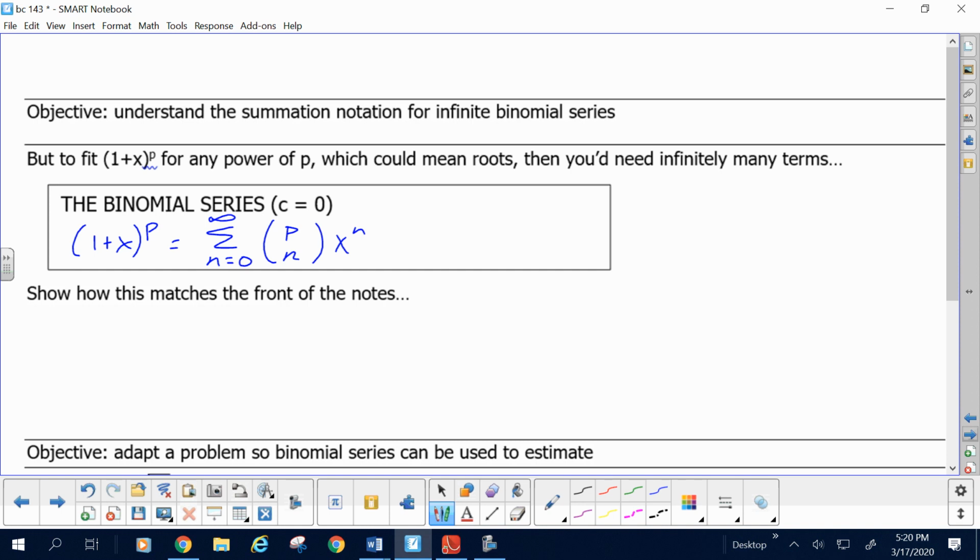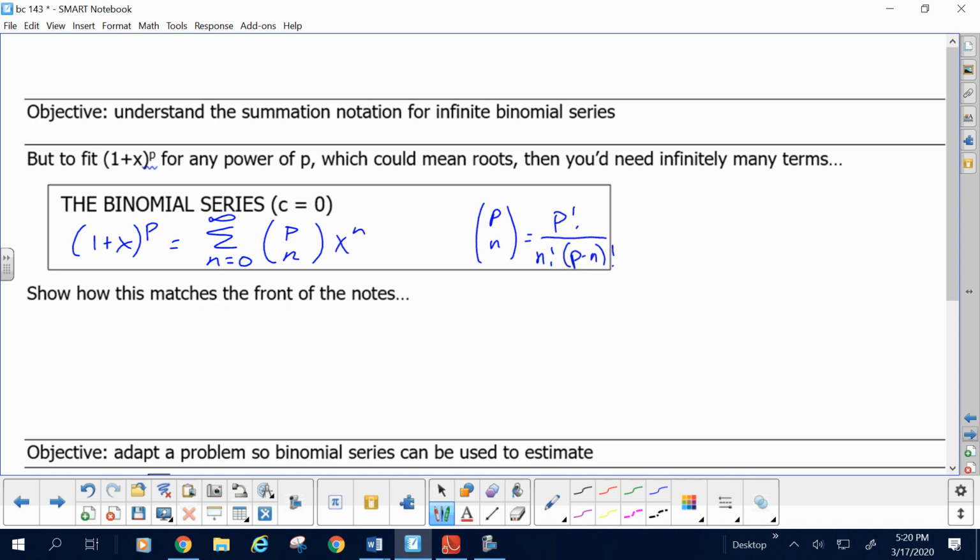choose n. And I remind you, that combination is total power over n factorial and then the difference between the two factorial. All right, now let's see how this goes with the front of the notes.